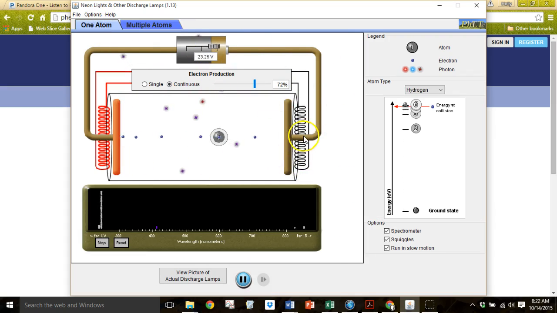Back to one atom. With what you're observing right now, you should be able to answer your first question: describe what happens in a step-by-step fashion.